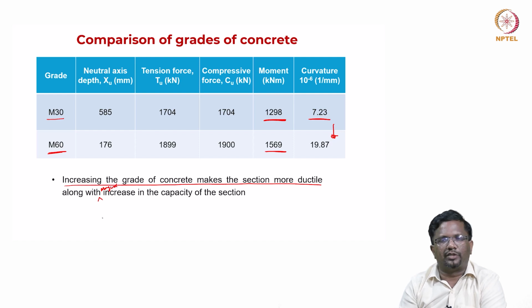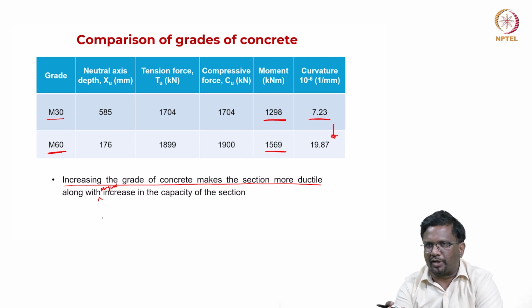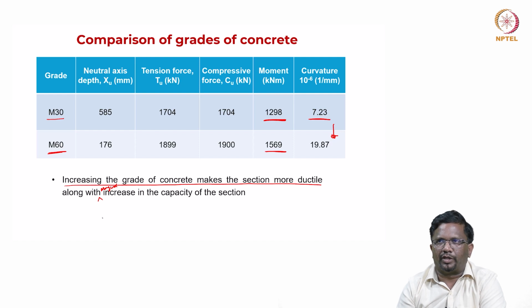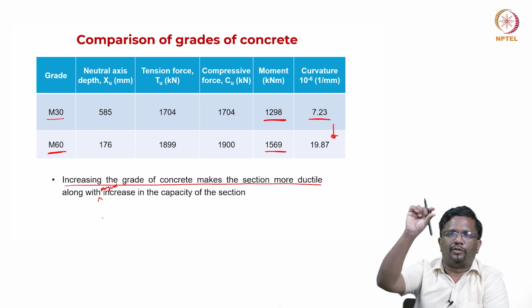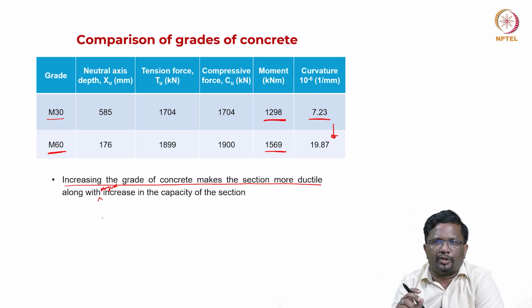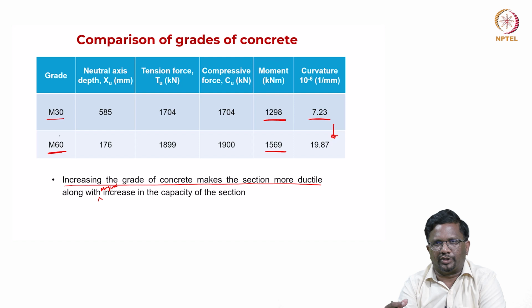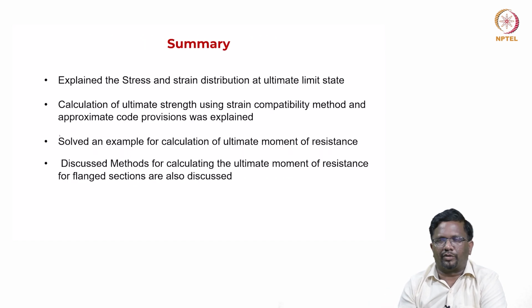Okay, only marginal increase. But if you want more ductility, then you can go for a slightly higher grade of concrete with this kind of tension control failure. So that will, again, make the neutral axis become less, your curvature will become more, right. But if you want capacity, then the best way is to put more steel, not really increasing the grade of concrete.